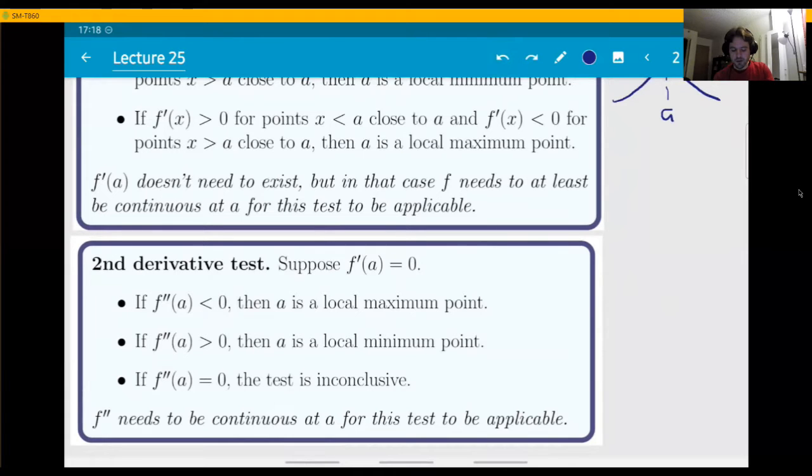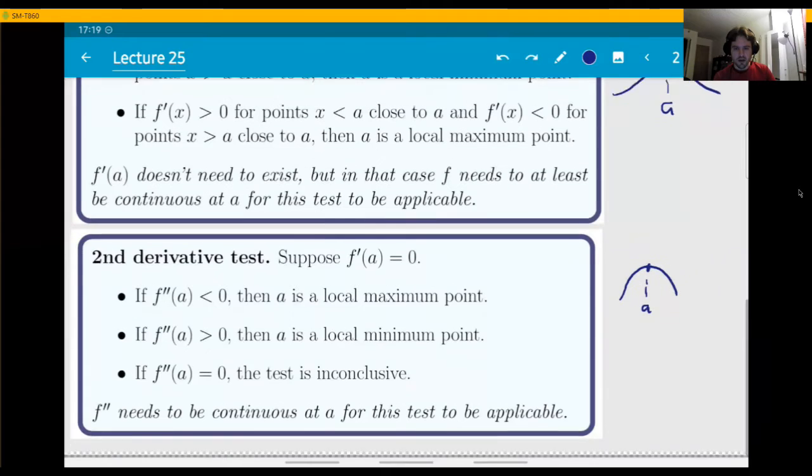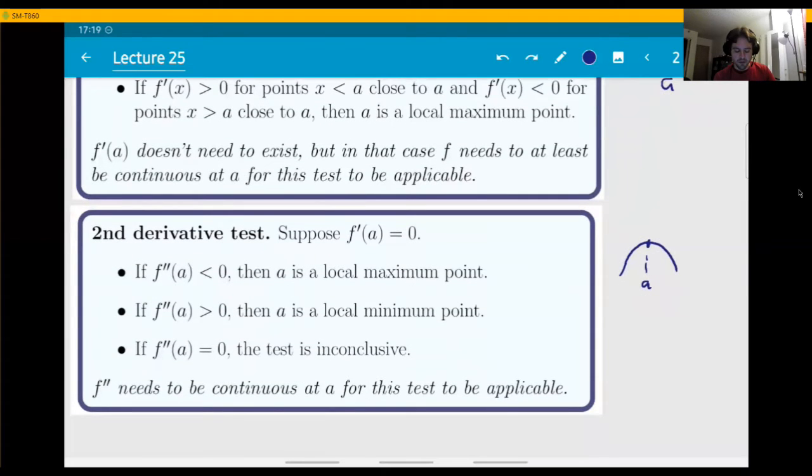Because if f double prime is negative, that means around this point A, the function is concave down. So that means it's a local maximum. Similarly, if you're finding a positive second derivative, that's going to give you a local minimum. If you find the number zero, the test is inconclusive. It could be anything. And this test can only be applied if the f double prime function is continuous, but that's usually the case. Anyway, we basically never have to worry about this part.